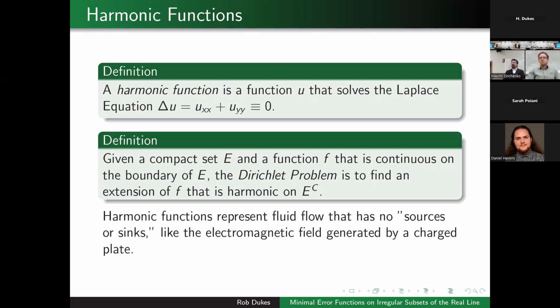So we have our set E. Now, sometimes it'll be the interior of E. Since our E is considered a subset of the real line, we are describing its complement in the complex space. Meaning what you want to imagine is some little subset of R, some intervals, maybe some isolated points.